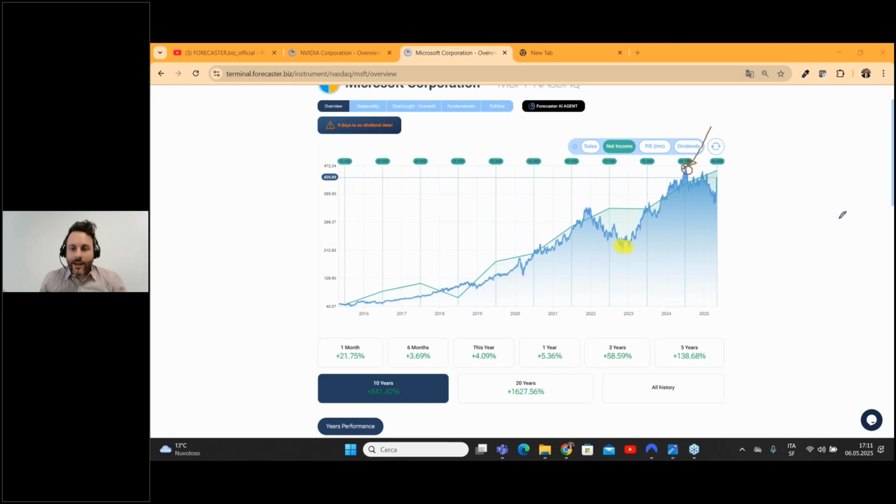What happens in the long run? The price of the share tends to be at this equilibrium point, which is the net income line. When, for example, prices go very far below the net income line, let's say it's only a matter of time before they reach the net income line again.